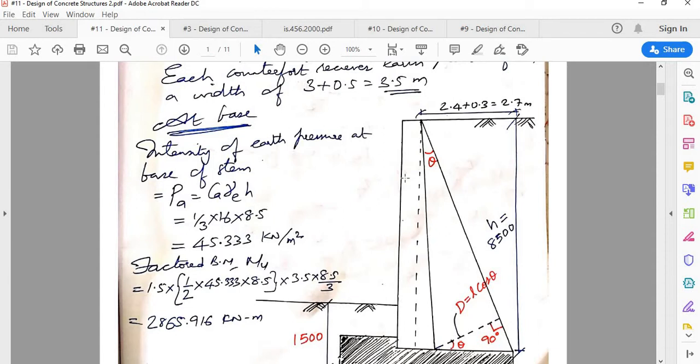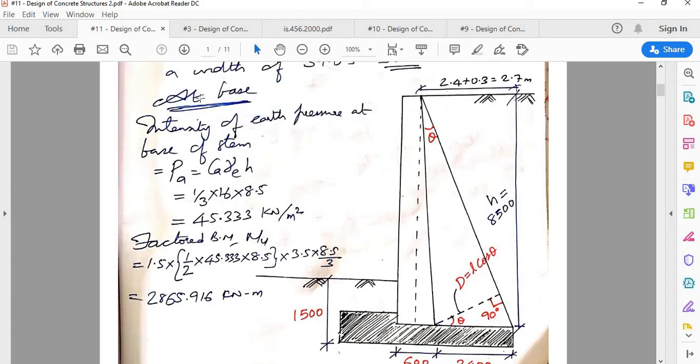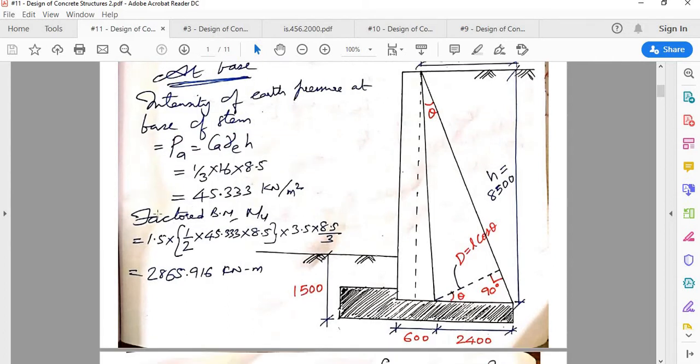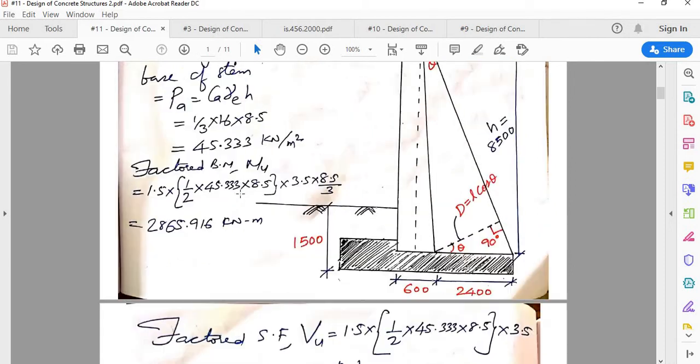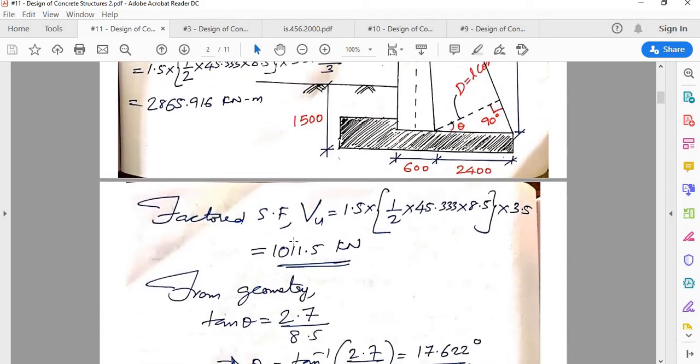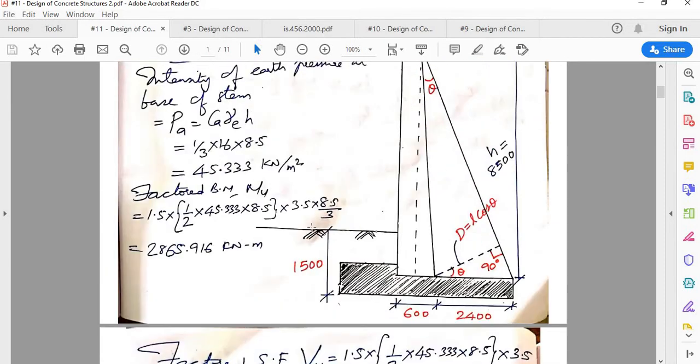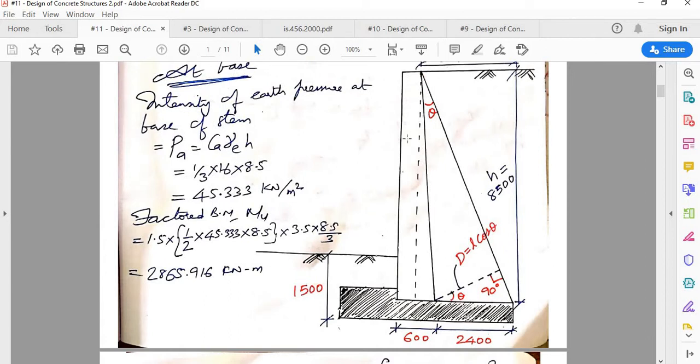So let us divide the design into three parts: one at base, then middle third and upper third. At the base, this is the active earth pressure at the bottom. This is a triangular distribution, right? Using this you can calculate the factored bending moment and factored shear force that will be incident on the counterfort wall.